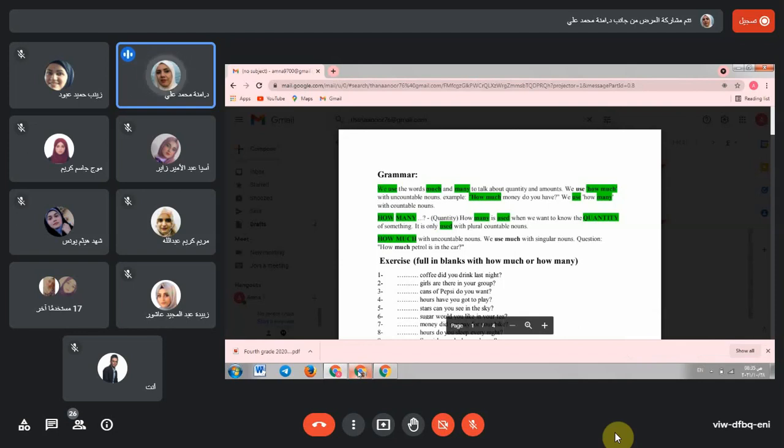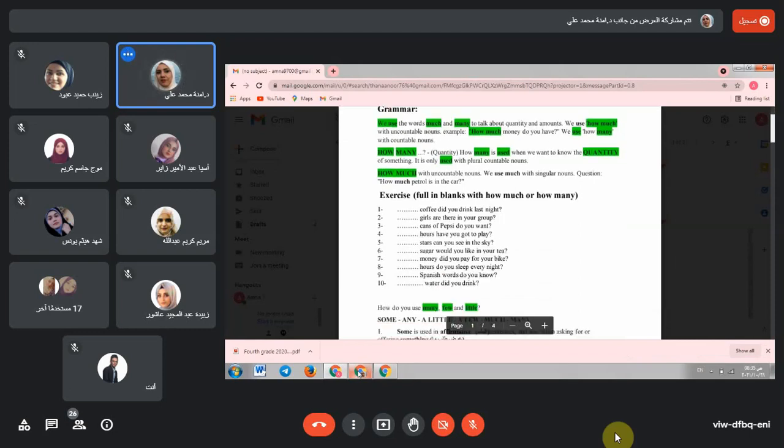Okay, so we use the words much and many to talk about quantity and amount.